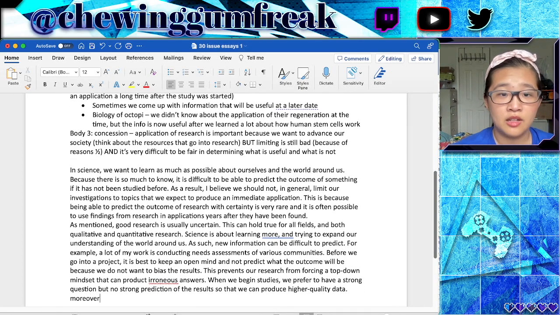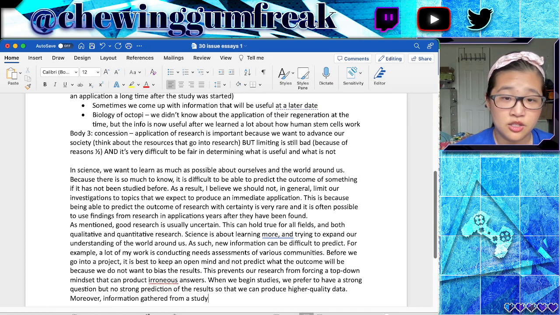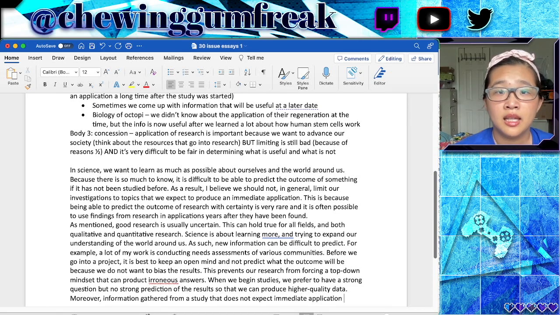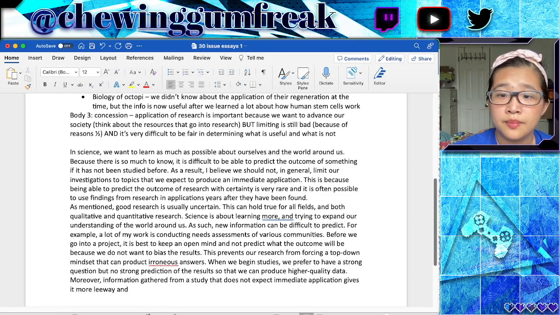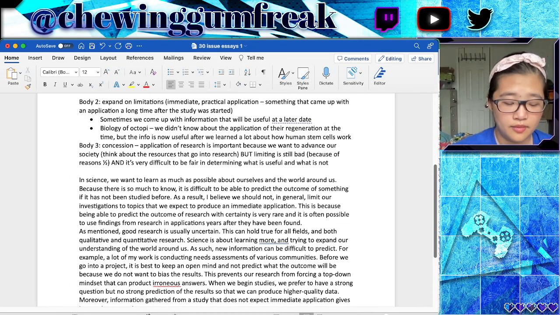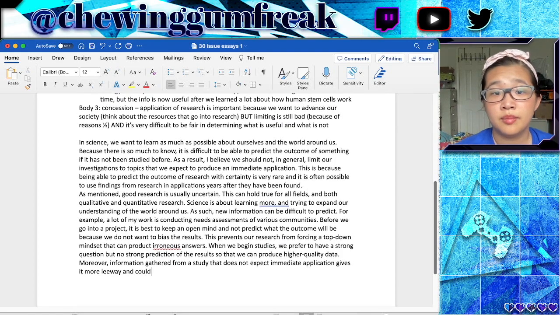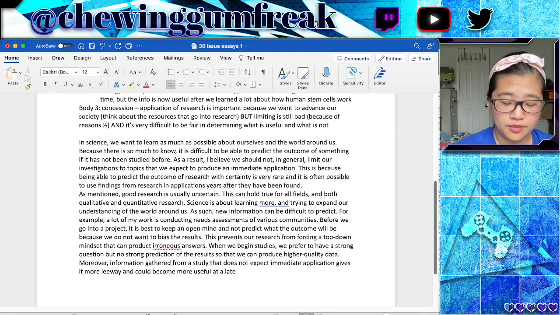Moreover, information gathered from a study that does not expect immediate application gives it more leeway and could become more useful at a later date.